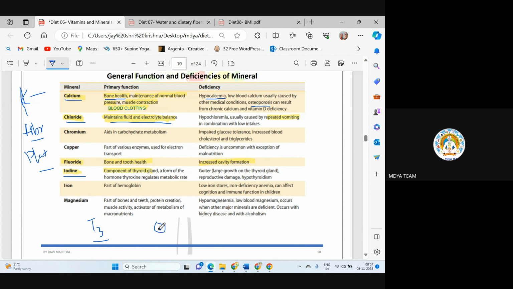Our body does not know that there is iodine deficiency. Our body thinks that these cells are not working properly, and so our body increases these cells' number. And because of the increasing cell number, there is increasing of tissue, and we call it goiter. Understood?